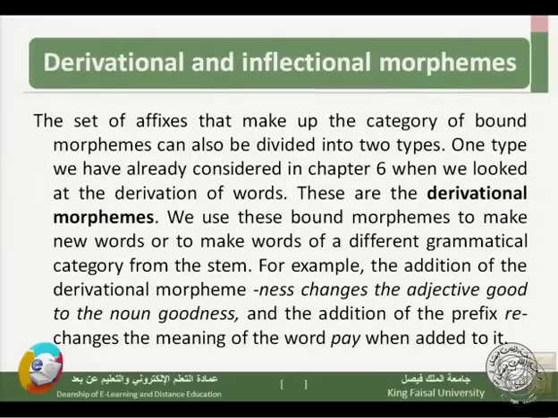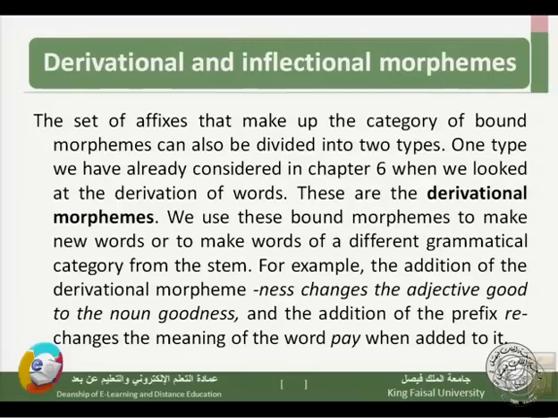Derivational and inflectional morphemes. The set of affixes that make up the category of bound morphemes can also be divided into two types. One type we have already considered in chapter 6 when we looked at the derivation of words. These are the derivational morphemes.